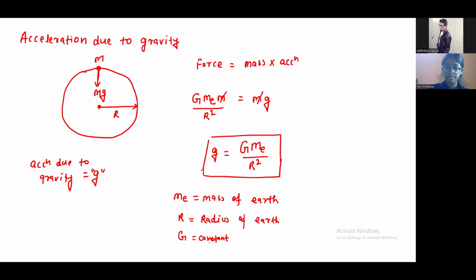When you put these values here, you will get the value of around 9.8. This is not an exact value, but we get around 9.8, and we use 10 for solving questions in our physics. Sometimes we use 9.8 and sometimes we use 10.